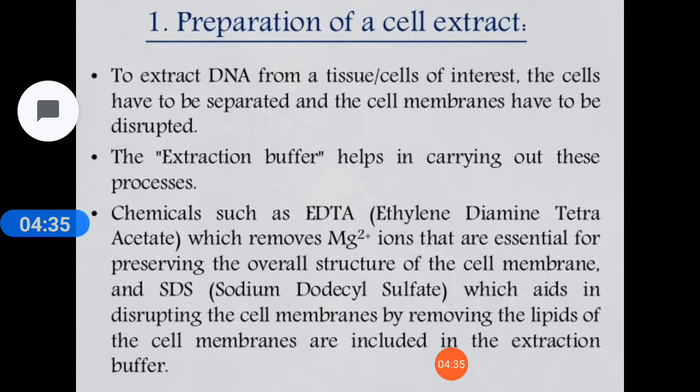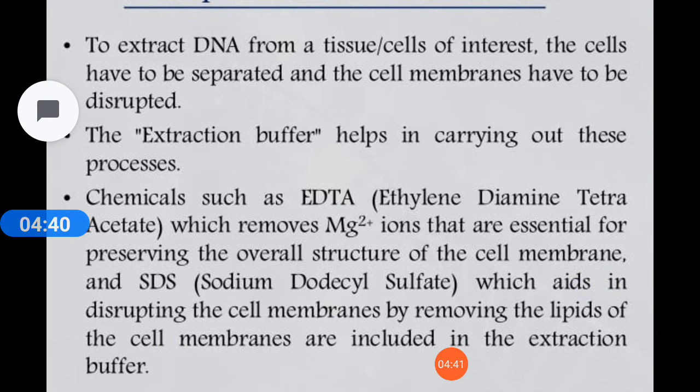Chemicals such as EDTA, ethylenediaminetetraacetate, which removes Mg ions that are essential for preserving the overall structure of the cell membranes, and SDS, sodium dodecyl sulfate, which aids in disrupting the cell membrane by removing the lipids of the cell membrane, are included in the extraction buffer.